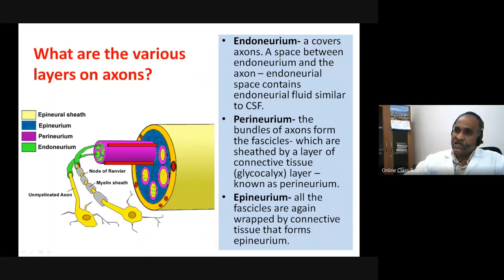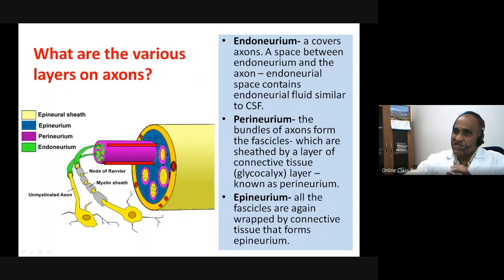The endoneurial fluid is similar to cerebrospinal fluid. All these bundles of axons form fascicles. This is one fascicle here. They are grouped together to form bundles or fascicles.